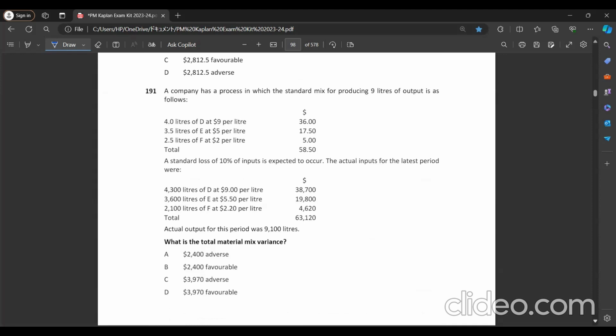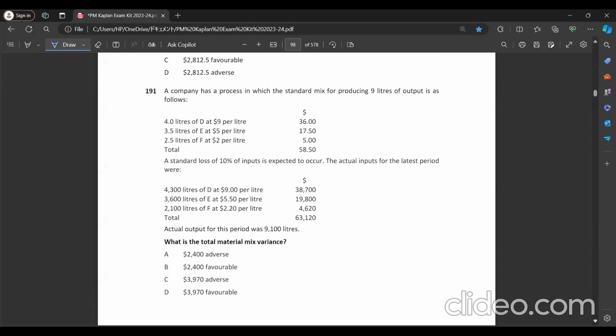Question 191. The question looks similar to the previous one which we have just now solved. It says that a company has a process in which the standard mix for producing 9 liters of output is as follows. We see that 4 liters of D at the rate of $9 per liter, $36, and similarly for E and F the details are given.